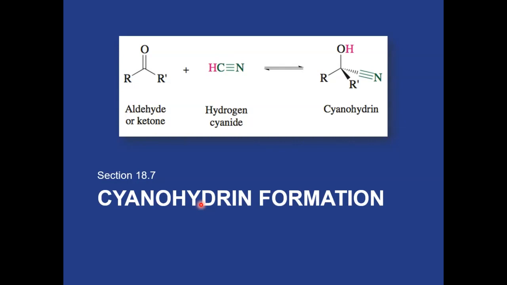The cyanohydrin is formed by nucleophilic addition of hydrogen cyanide to the carbonyl group. This reaction is reversible, just like hydration, so you can analyze it in a similar manner as the hydration process.